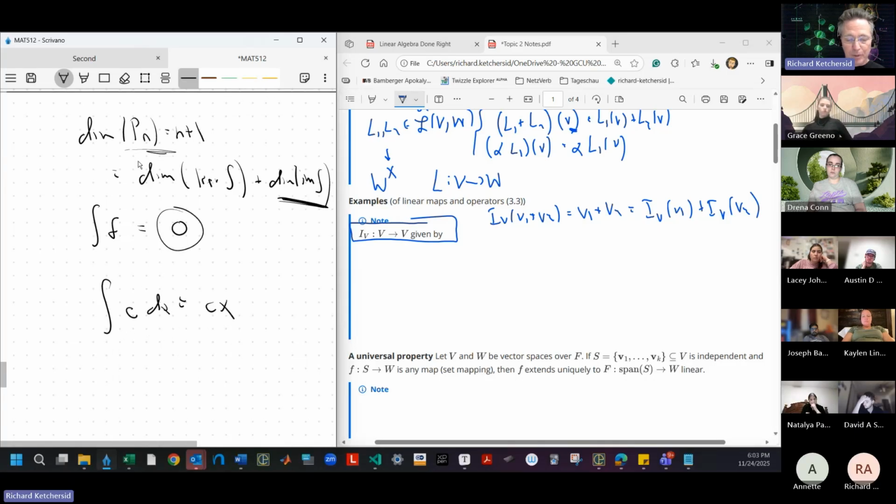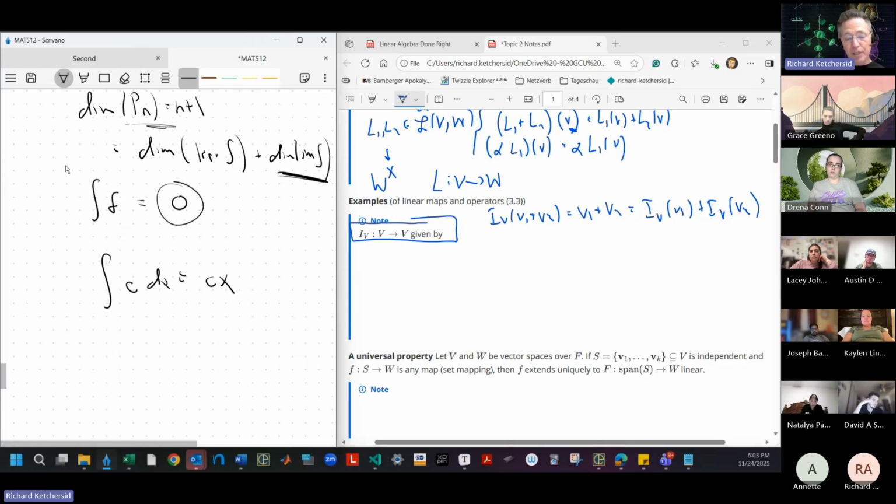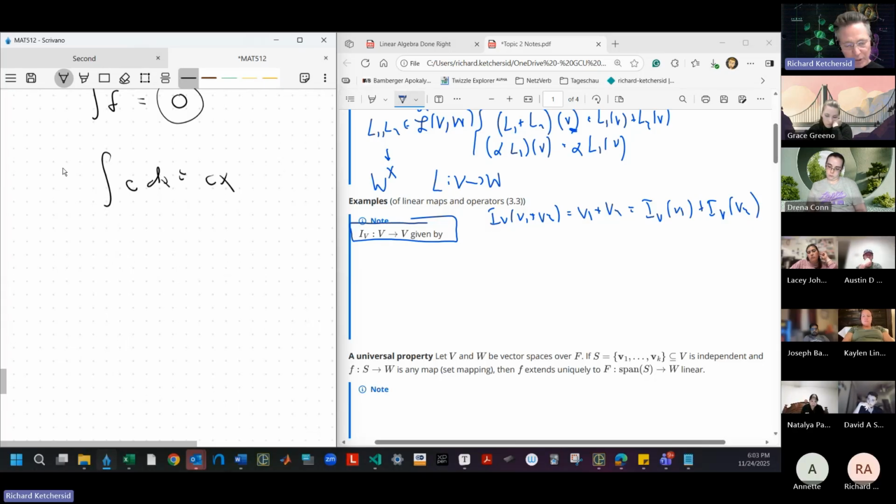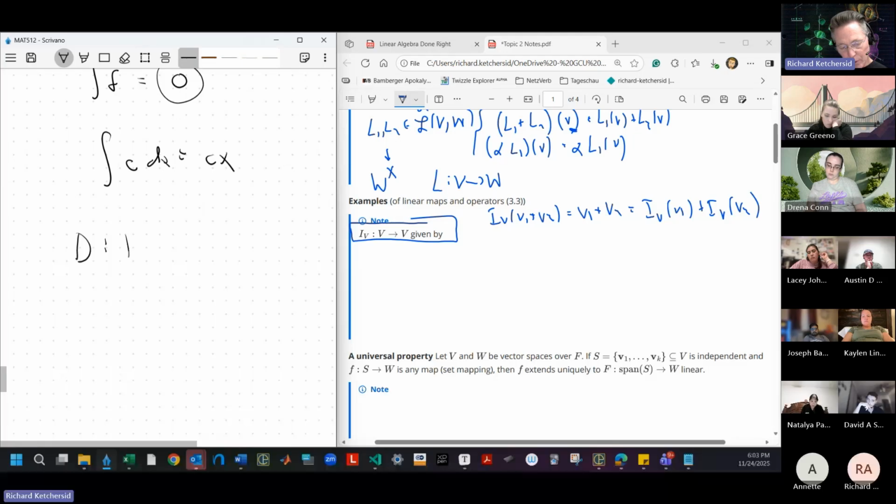So you can use linear algebra and stuff like this. If we were doing differentiation, I didn't say that. What is the kernel of the differentiation map? Let's go back to that one again. Suppose I'm doing the differentiation, going from Pn plus 1 to Pn. What is the kernel of that map, or the null space?